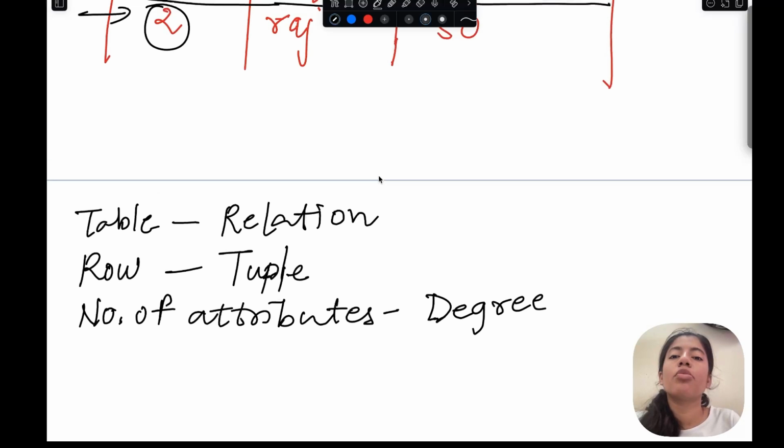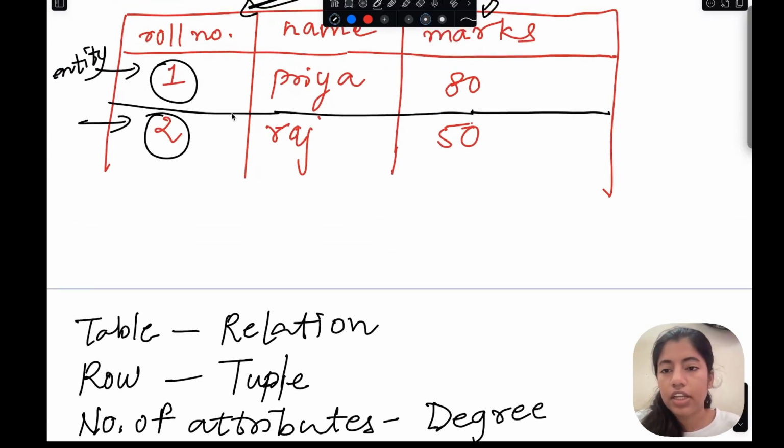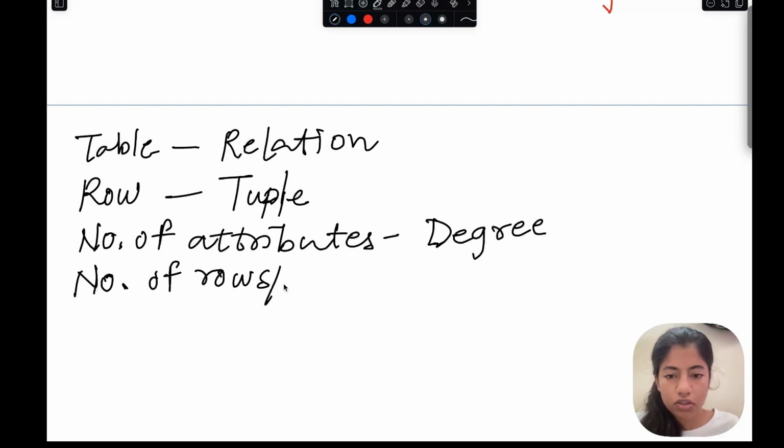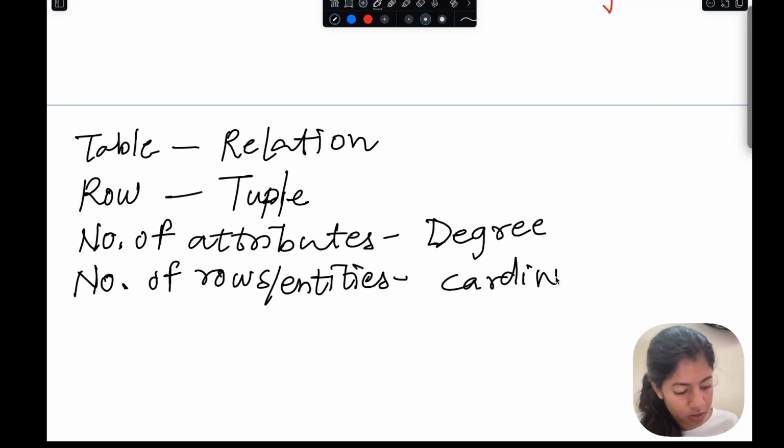And the number of rows, the number of entities which we are storing in that table, we call the cardinality.